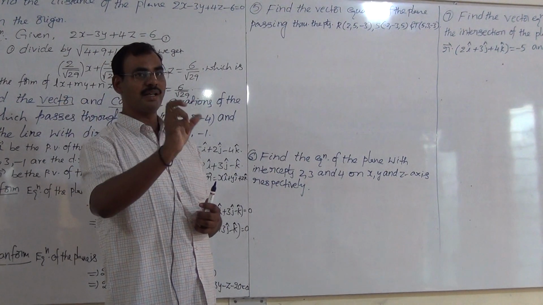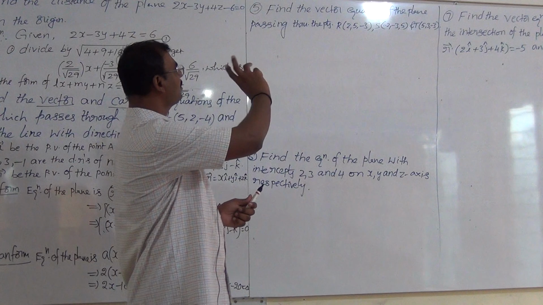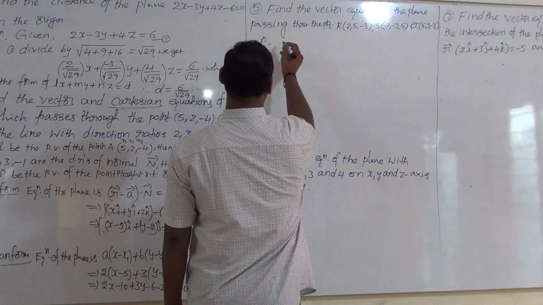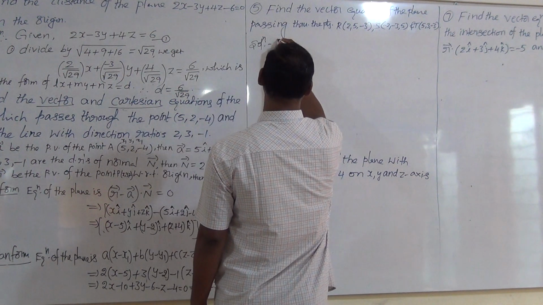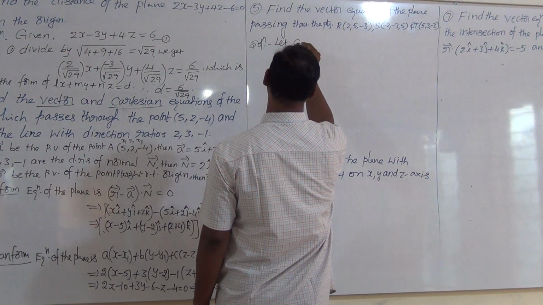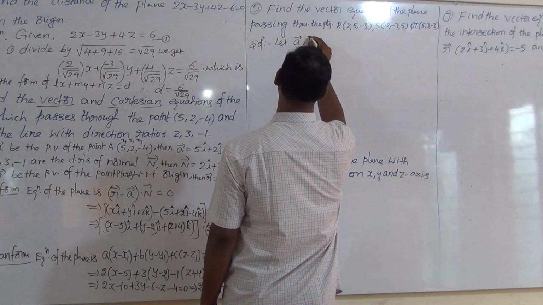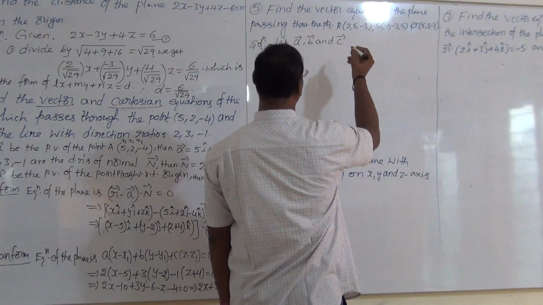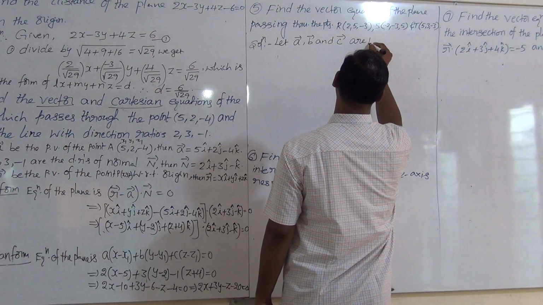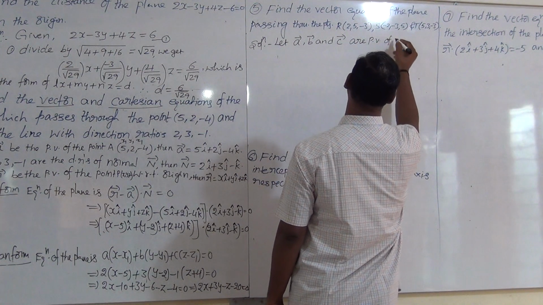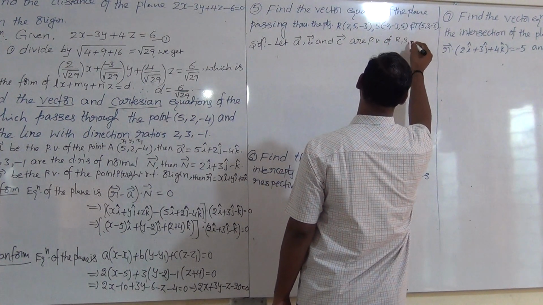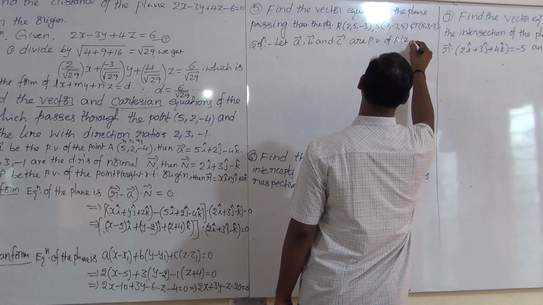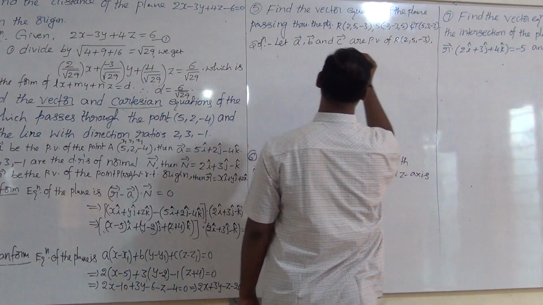So we have done this already in the exercise, same model. So here the question is the vector equation of the plane. So we have to find it here. So what are the points here? Let us consider first of all a bar, b bar and c bar, 3 non-collinear vectors, or these are the position vectors of R, S, T. Okay, R is what here? 2, 5, minus 3.